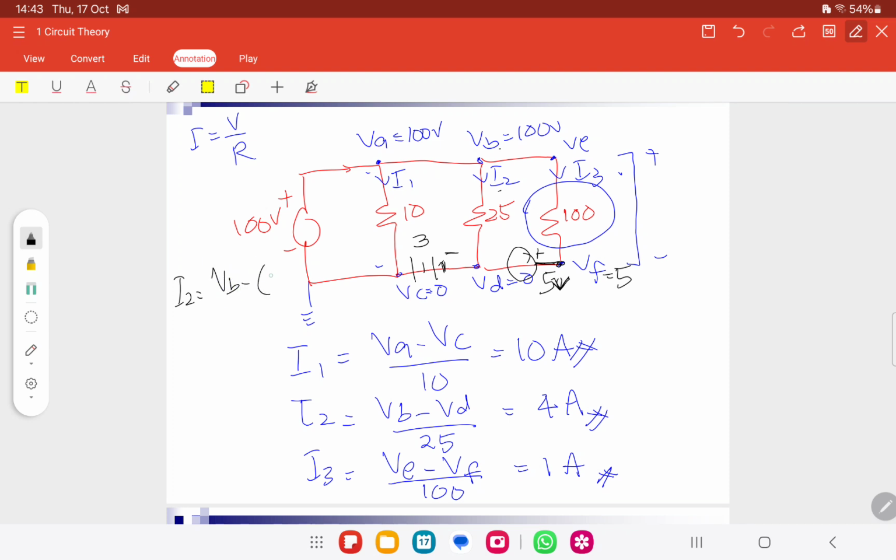VB minus over 25. Yang ni tadi 5 ni sebab positif, saya letak positif kat situ. Meaning that dekat point VD ni negatif 3. Okay?